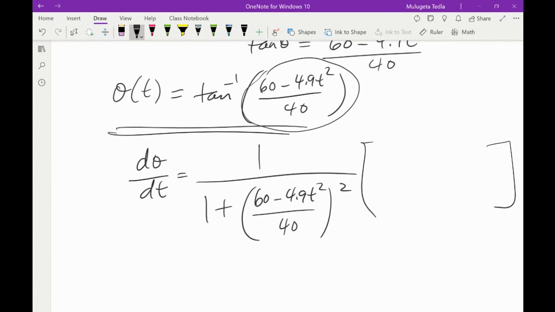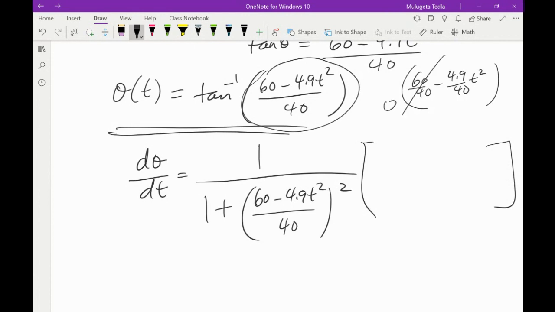So what is that really? 60 over 40 minus 4.9 over 40 t squared, right? The derivative of the first is 0.